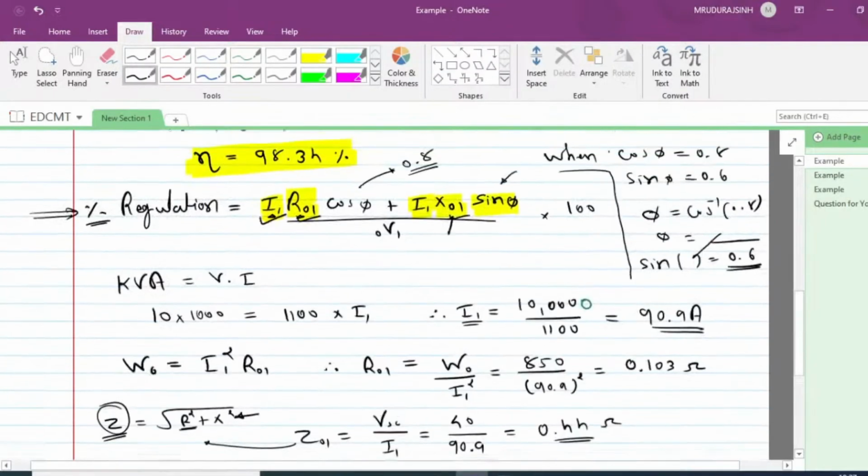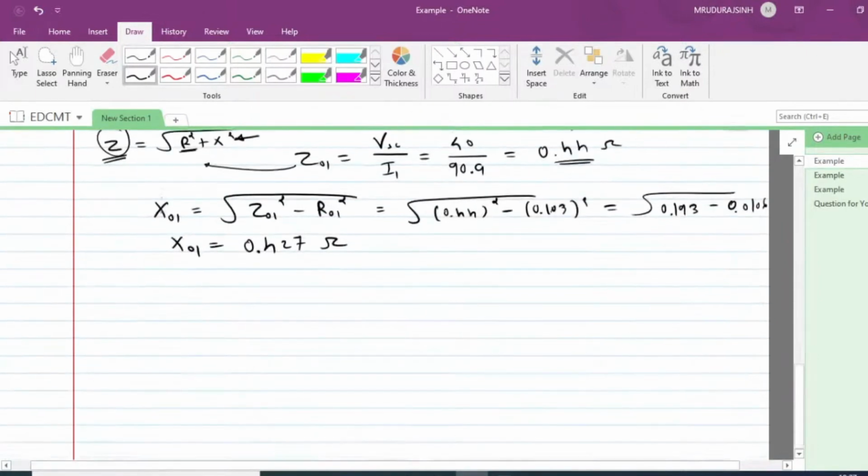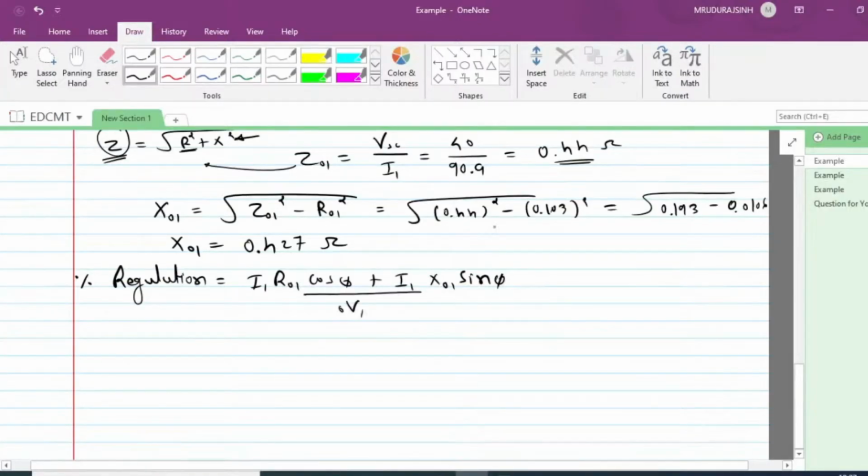What happened? So now we'll write the equation for percentage regulation again. The equation for that is I1 R01 cos phi plus I1 X01 sin phi divided by V1.